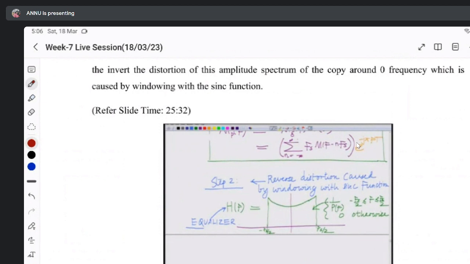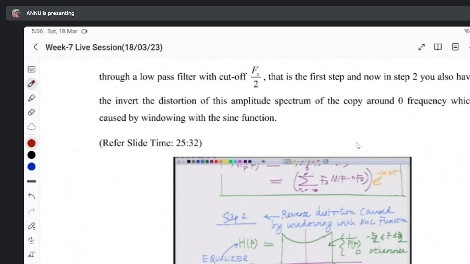No issue. You have read this module, right? Yes, ma'am. Reverse distortion caused by windowing with sync function. Ma'am, I think sir is referring to the distortion caused when we were interpolating with sync function. Okay, that is nice, but windowing itself has some significance.